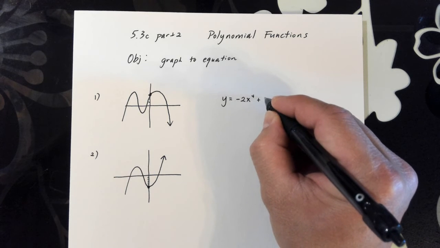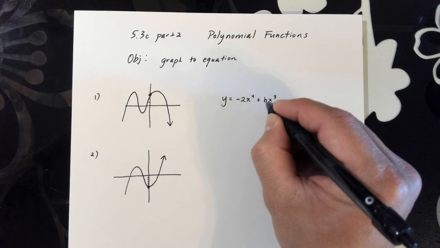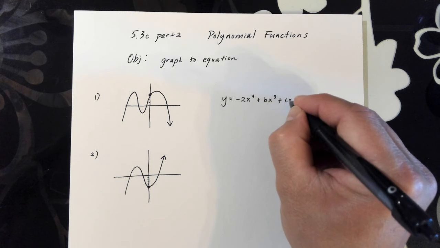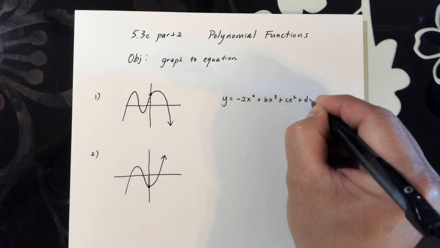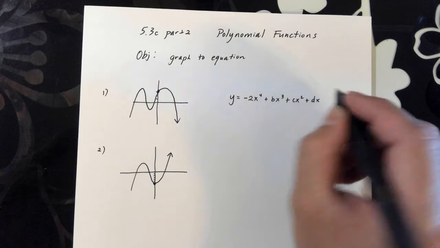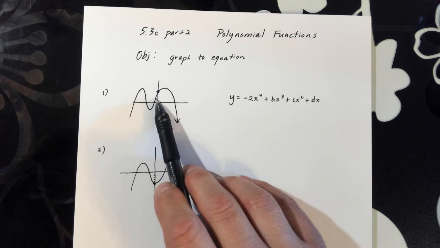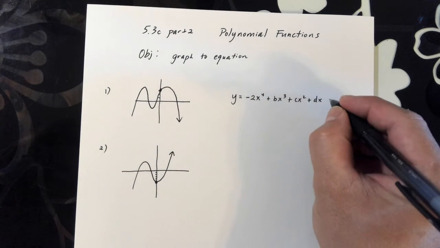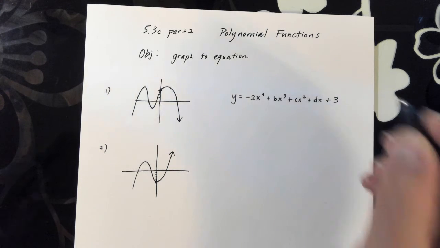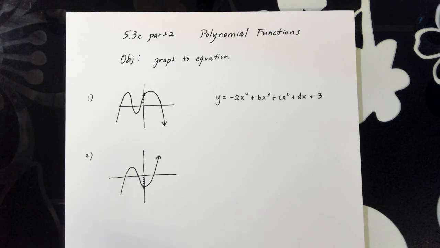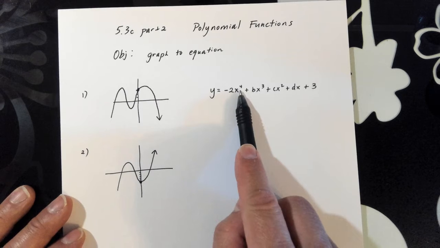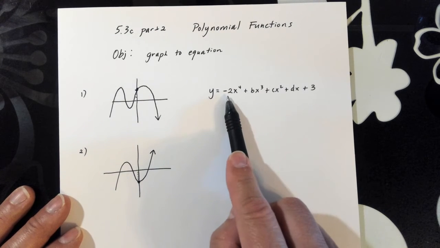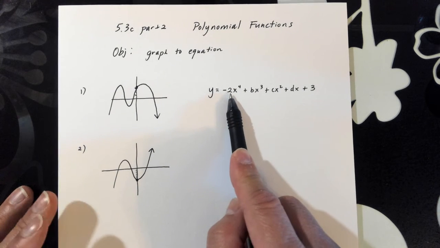We don't know the value of b, we don't know the value of c, we don't know the value of d, but we do know the y-intercept is positive 3. And that's all you know. So this number is definitely a 4, that's definitely a 3, this is definitely a negative number.